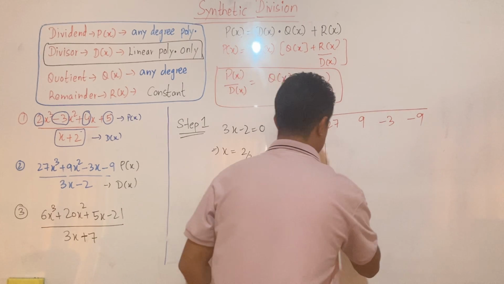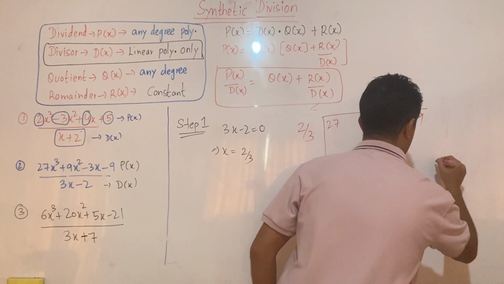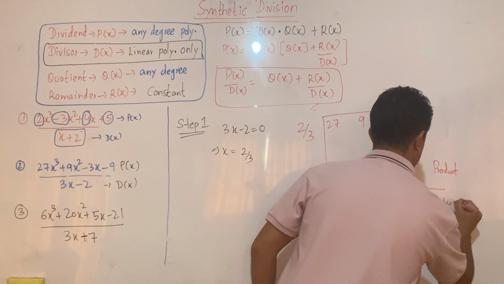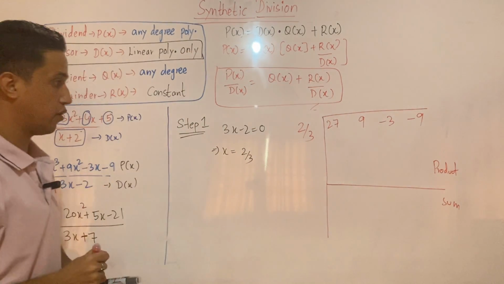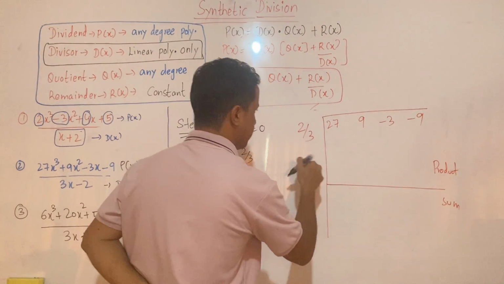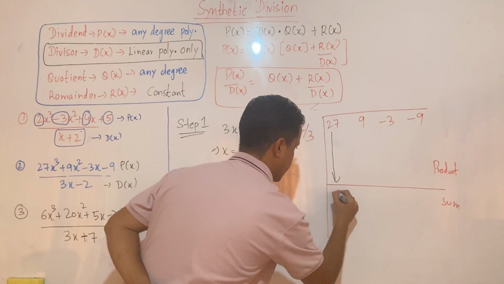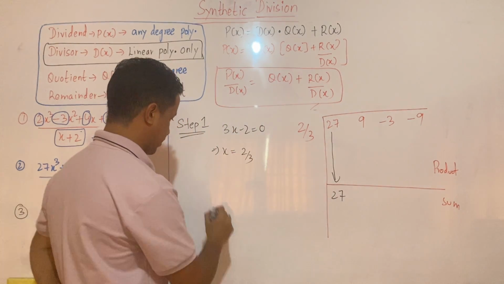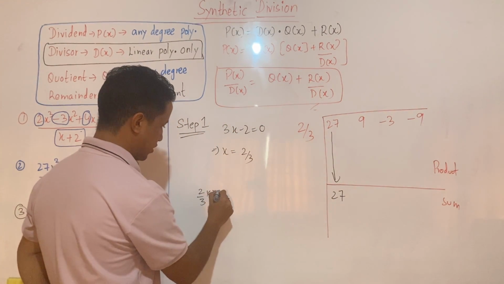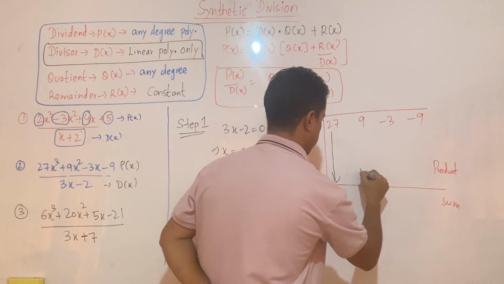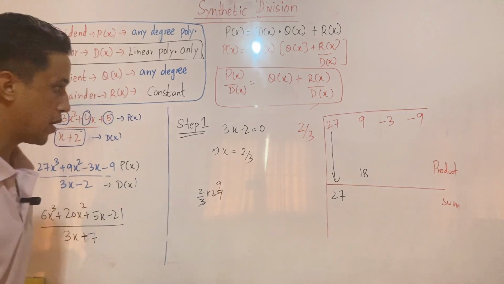Okay, again the same thing. Here product, here sum. Okay, now see here, this one we have to bring down as it is. Now 2 by 3 multiplied by 27, 3 times 9 is 27, so 18 will come here, right?